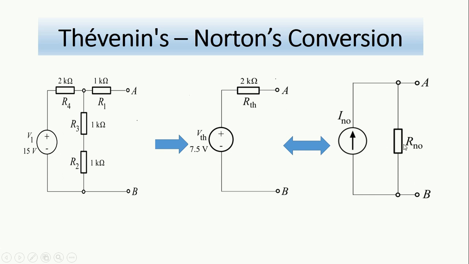But this does not exist, so we are talking about a real current source and a real voltage source, so we must have something here and something here, and then we connect our load. Now if you connect the load here and start changing it, we can easily get different values for this.